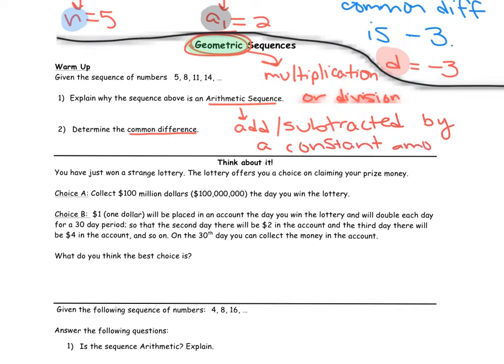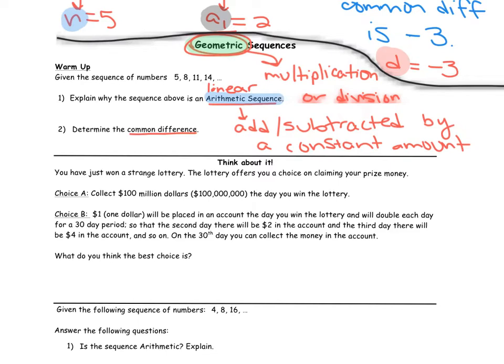Some of you have actually mentioned this before in class: arithmetic sequences do represent linear functions. If it's talking about an average rate of change, whether it's being added or subtracted by a constant amount, that represents something that's arithmetic, which is also a linear function. So we'll include that. Arithmetic sequences represent linear functions.